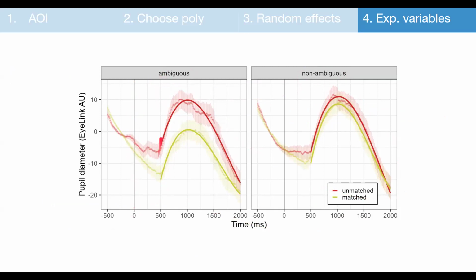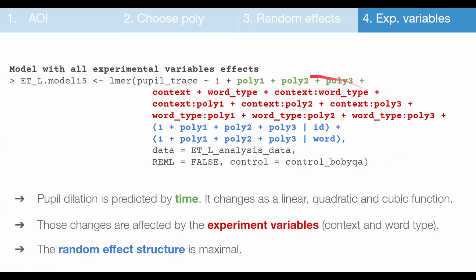And this is the pupil response. And we can see that the models do a pretty good job in recreating the curves that we see in the real data, right? So how can we see if any of these factors is significant?